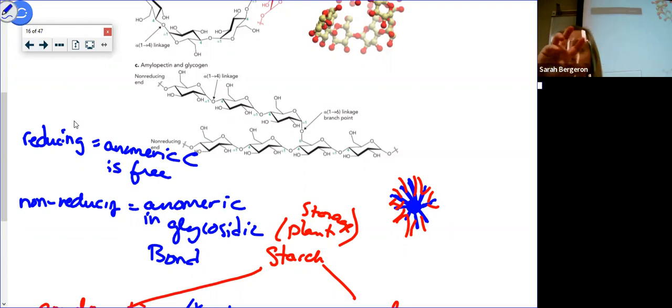So you need that free anomeric carbon. That's the reducing end. Either you need it to bond to the chain, to continue the chain, adding to the glycogen that's already there, or you need that free anomeric carbon to associate with the enzyme that is going to go in and cut it.